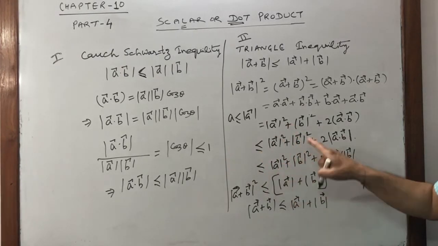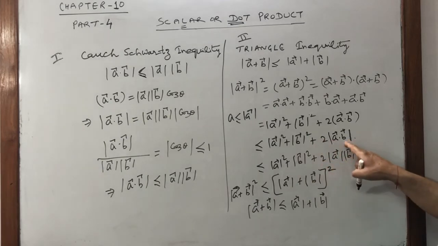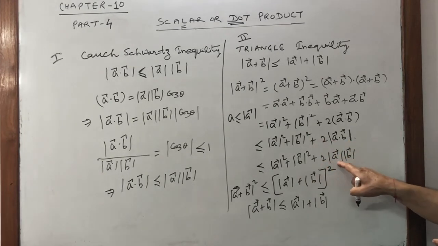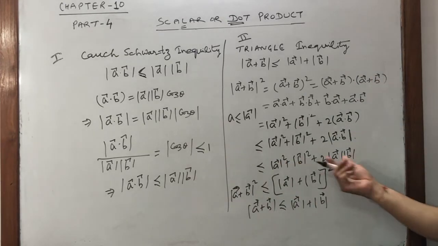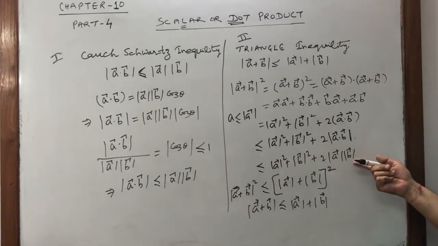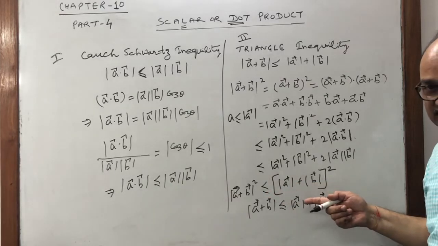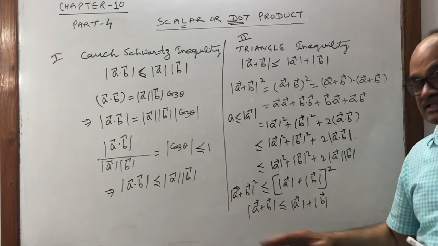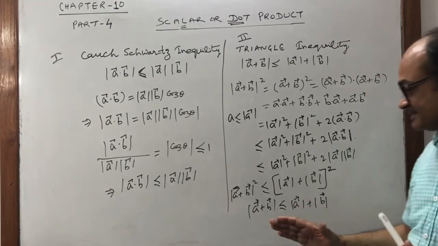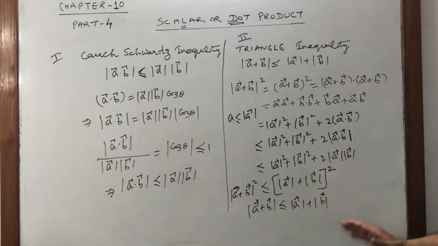Now mod A, mod B square, and 2 we can write as 2 separate, A dot B as we just completed. Apply the A square plus B square plus 2AB formula, (A plus B) the whole square. And if you take the root on both sides, what we are getting: mod A plus B is always less than or equal to the separate addition of the mods.